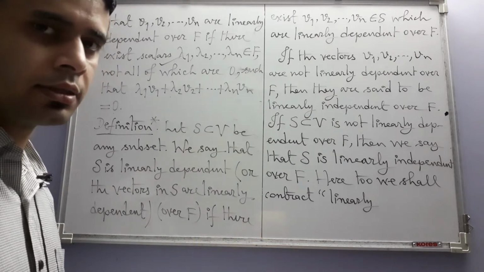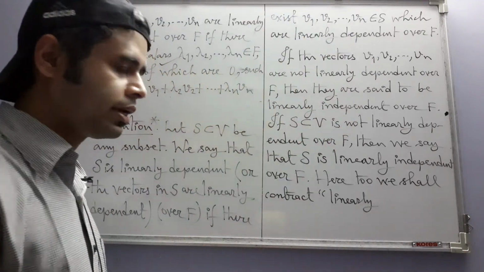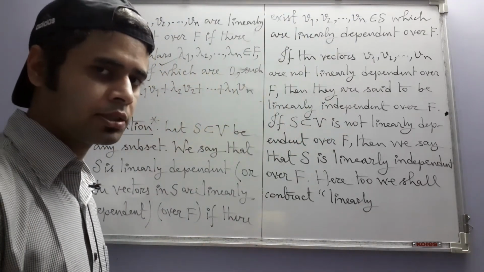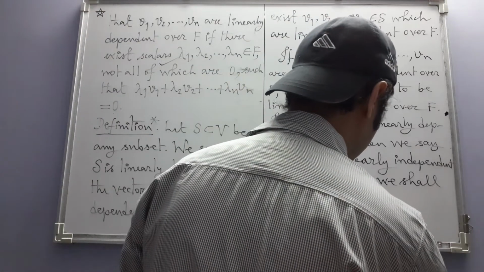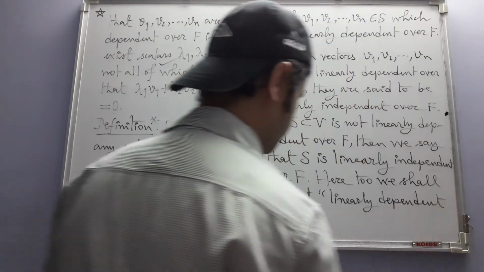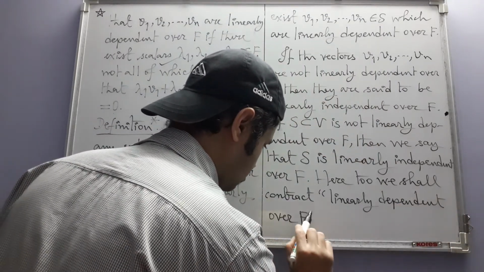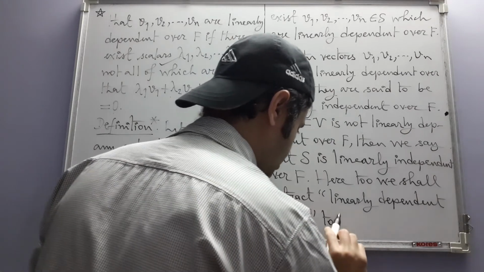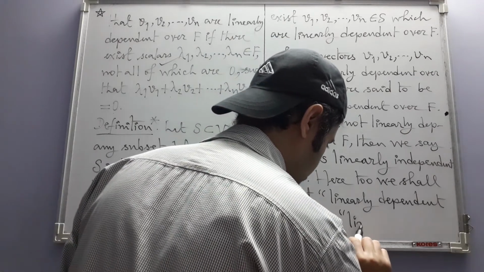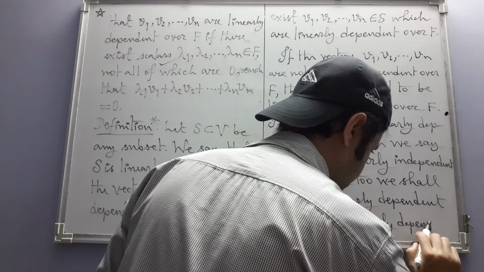Here also we won't write the over F part if that is understood. If it is understood where the scalars are coming from, then we don't mention the field. To just simply linearly dependent.